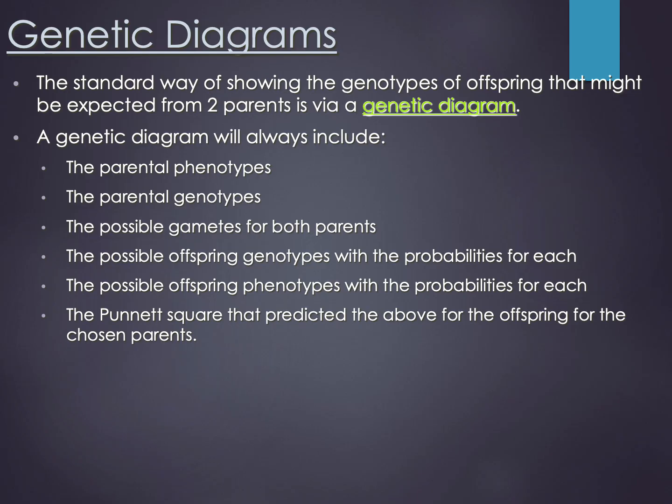The standard way of showing the genotypes of offspring that might be expected from two parents is to look at a genetic diagram.